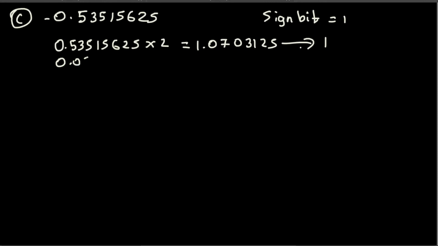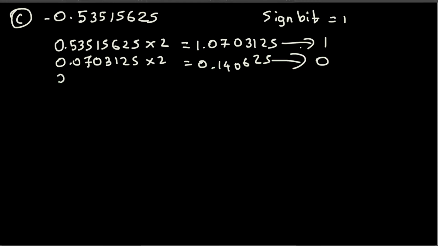And then 0.0703125 multiplied by 2 gives us 0.140625, and here we have 0 in front of the decimal point. Then 0.140625 multiplied by 2 gives us 0.28125. Here also we have 0 in front of the decimal point, so we put that one right here.